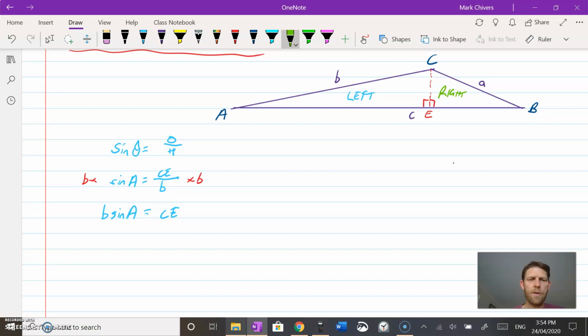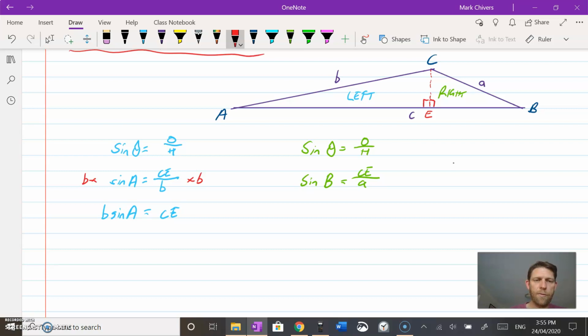But then, using the right-hand triangle, if I try to find the length of CE, once again I use sine theta equals the opposite over the hypotenuse, and in this case we're going to use that angle B. So sine B, the opposite is that side CE, and the hypotenuse is that side a.